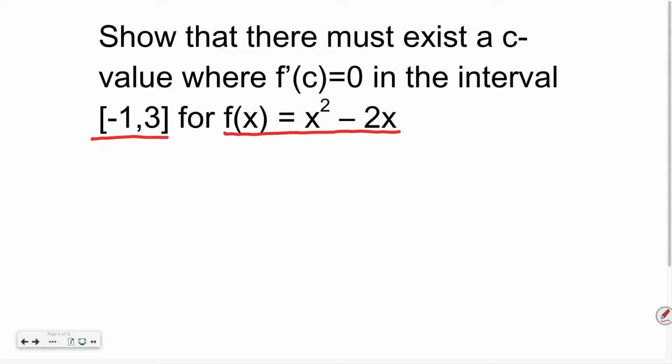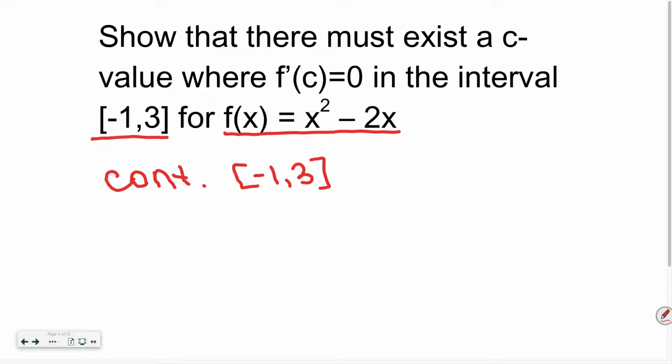You'll know that that's what we're doing. Now I know you're going to look at this and think, oh, it's a parabola, I'm good, right? But just show me that you thought about the continuity from -1 to 3. Is this parabola continuous from -1 to 3?